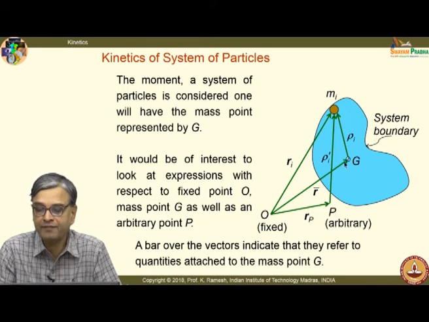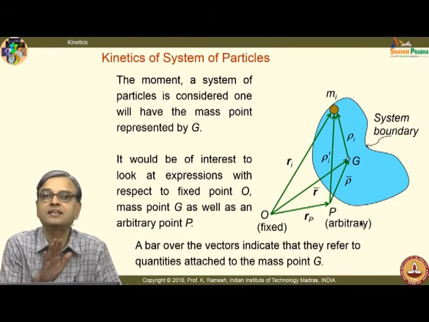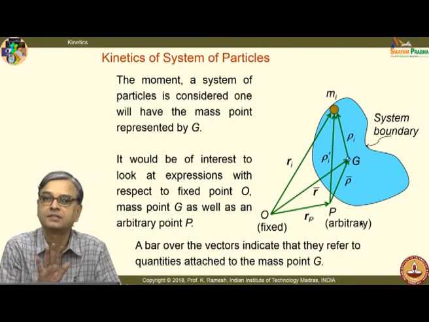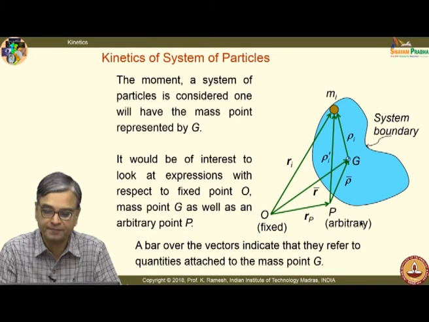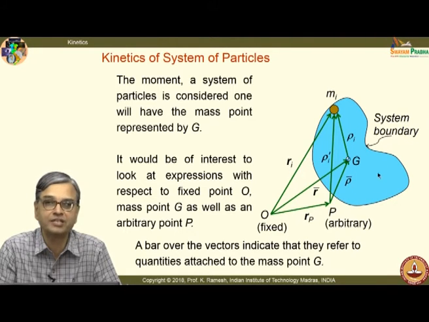I can also have a position vector connecting P and G. Now, I am going to attach this to a mass point, so I will have a bar over it. I will call this rho bar. So, the symbolism is consistent. Once you understand the symbolism, you can easily write down these position vectors comfortably.